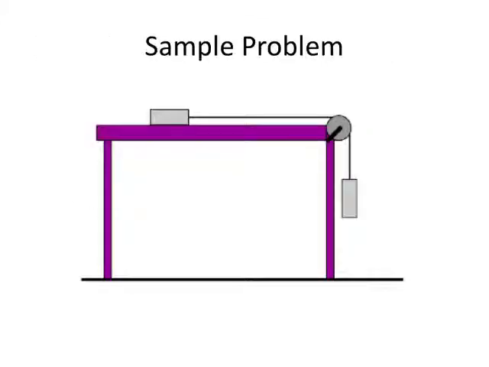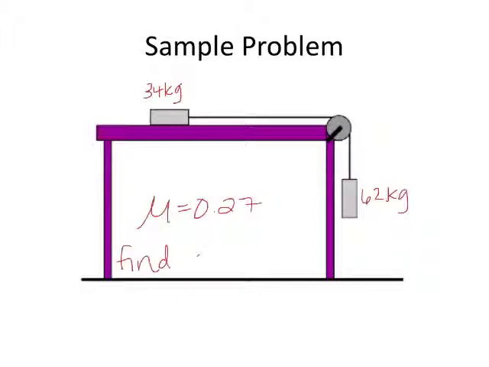Let's do a quick sample. So we're just going to make up some numbers. Let's say that our mass 1 is 34 kilograms. And let's say that our mass 2 is 62 kilograms. And let's say we happen to know that our coefficient of friction of the table is 0.27. From this, let's find acceleration.